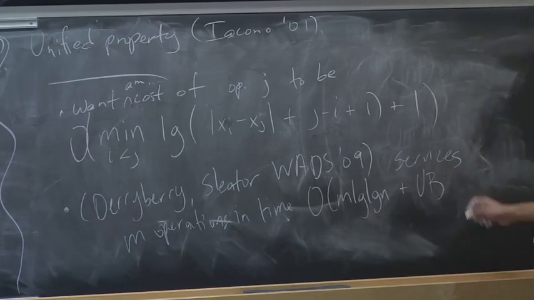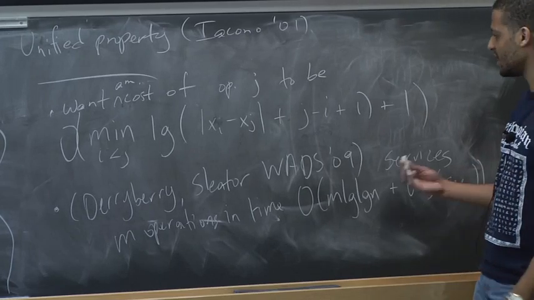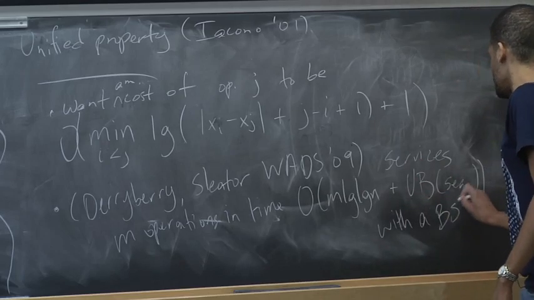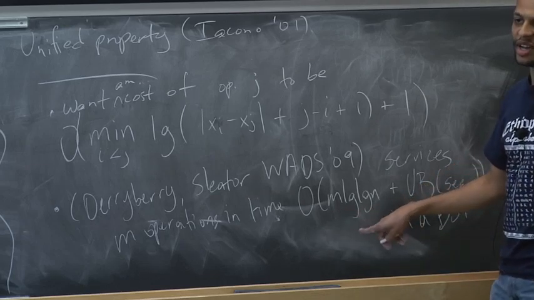This is the unified bound on the sequence. So with some BST, not with splay trees, they give a different data structure which achieves this bound. So what you really want here is m, not m log n.